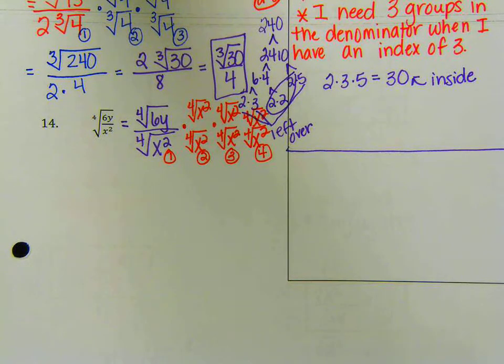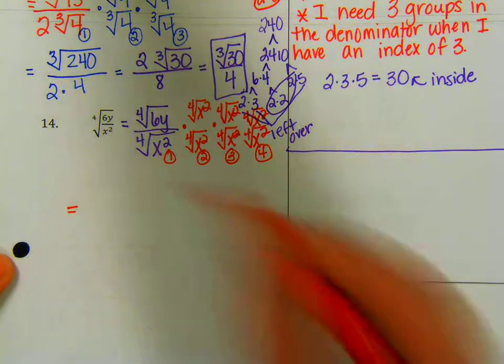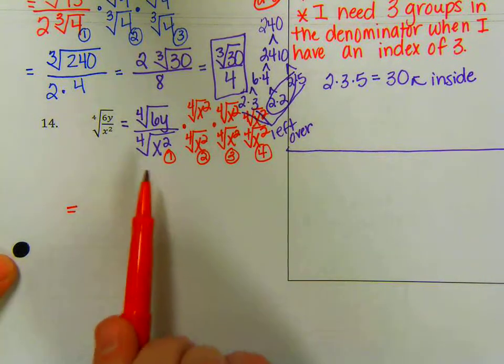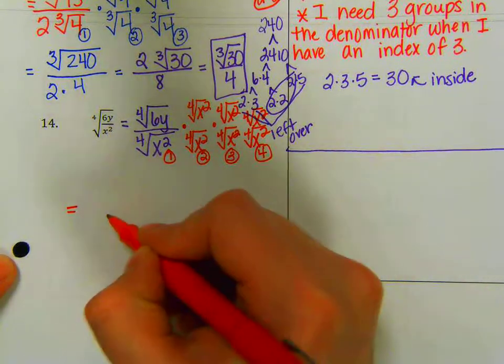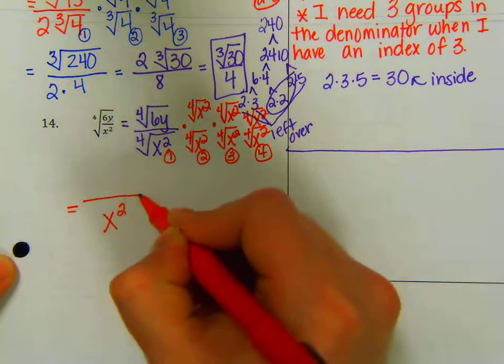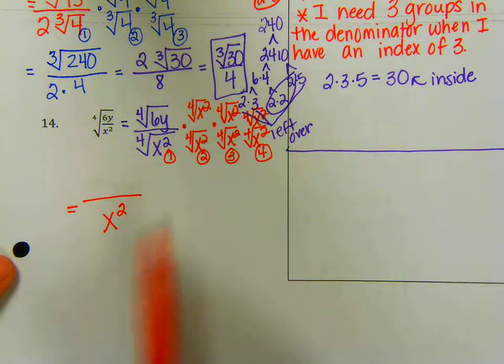Since I have 4 of them, I can combine them. So I'll have in the denominator 4 of them. That cancels off with the 4 here, so all I'm left with is x squared in the denominator. If you really wanted to write the 4th root of x to the 8th, you could do that.